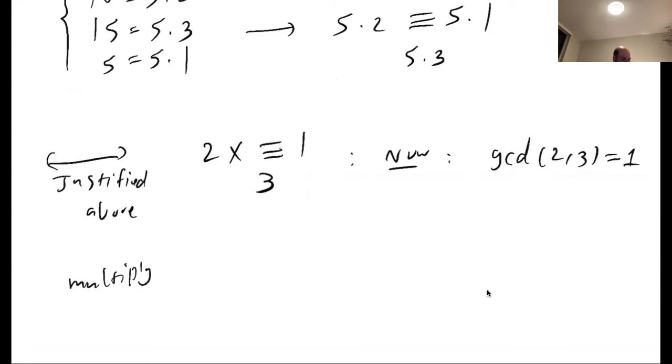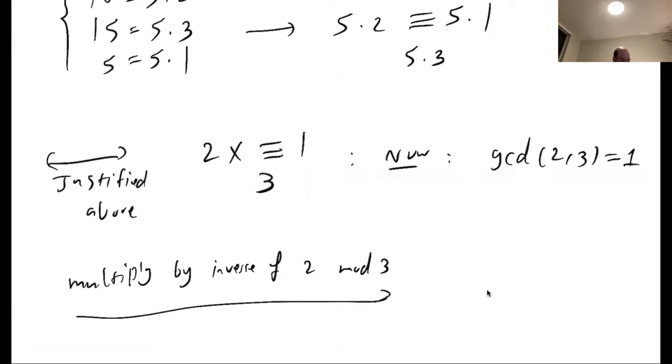We have to multiply both sides by the inverse of 2 mod 3. What is the inverse of 2 mod 3?